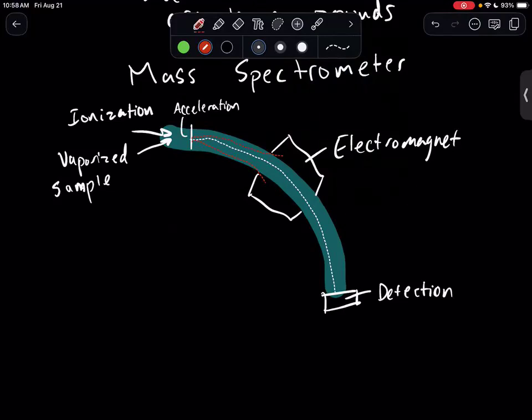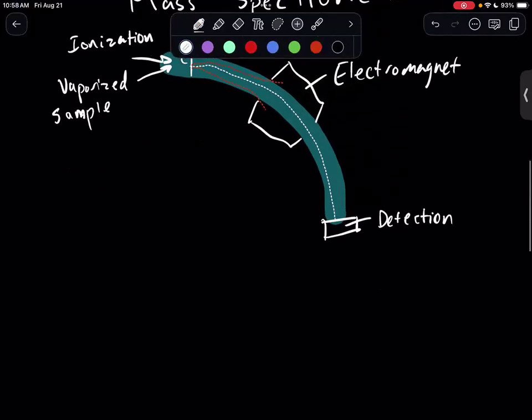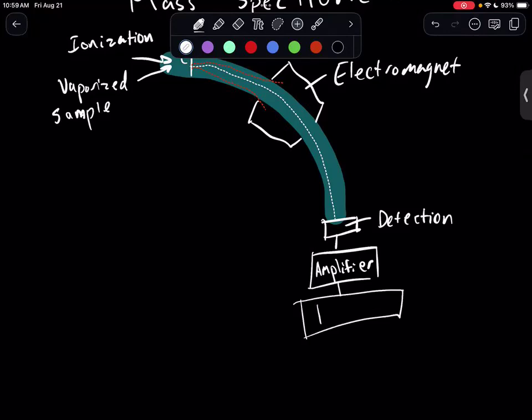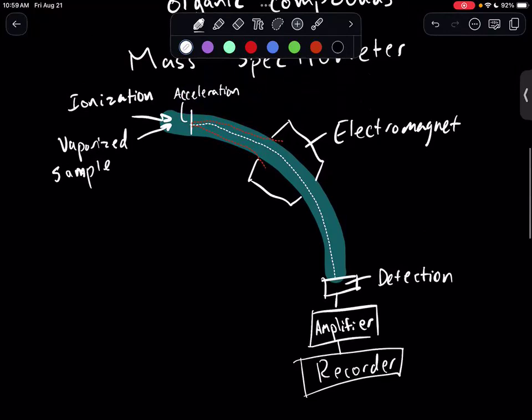And so from that detection, we can actually figure out what the mass of that sample is. That goes into a little amplifier, which increases our ability to detect it. And then it gets recorded and charted. So that's the basic principle around mass spectrometry.